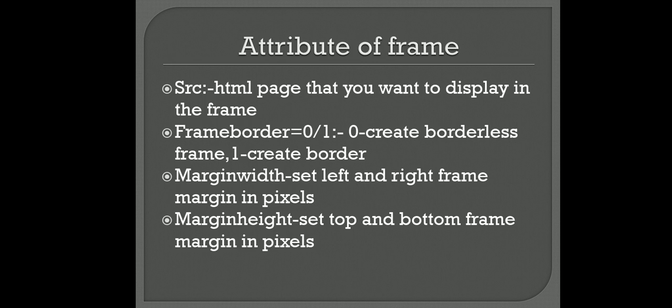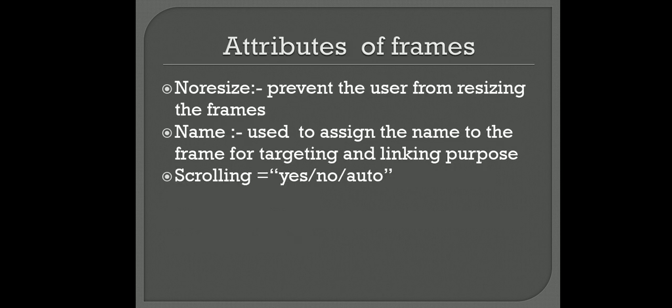It is the margin of each frame that you give, and the margin of the height, going top to bottom and left to right. Next is the noresize attribute, meaning if we don't want the frame to be resized, we give noresize to the frame. And the name of the frame, we most probably give a name so that we can target the linking page. And then scrolling means moving up and down, and so on.